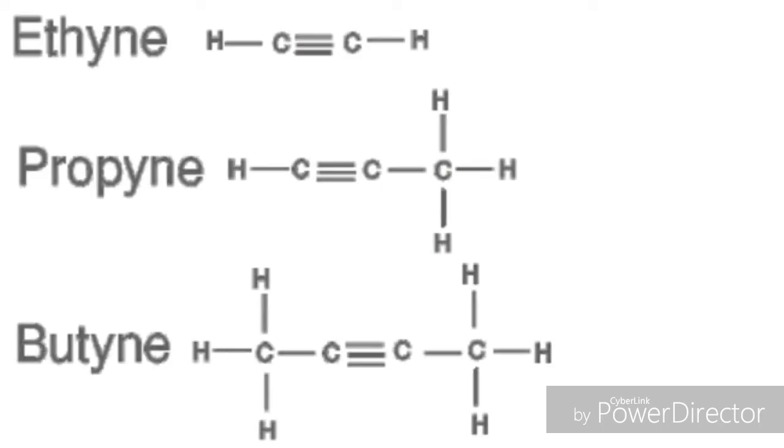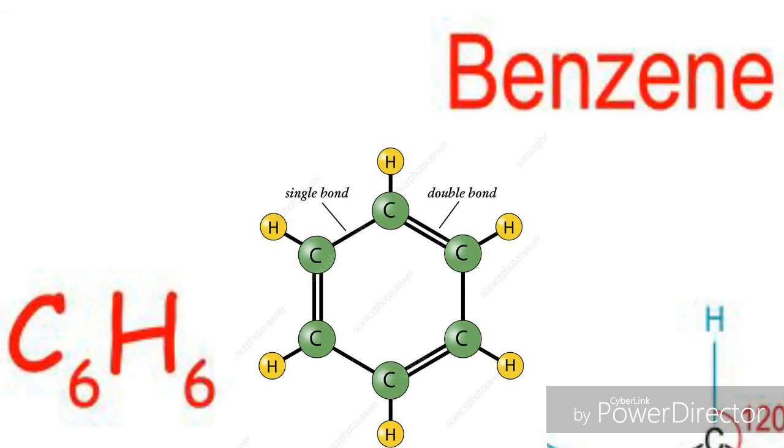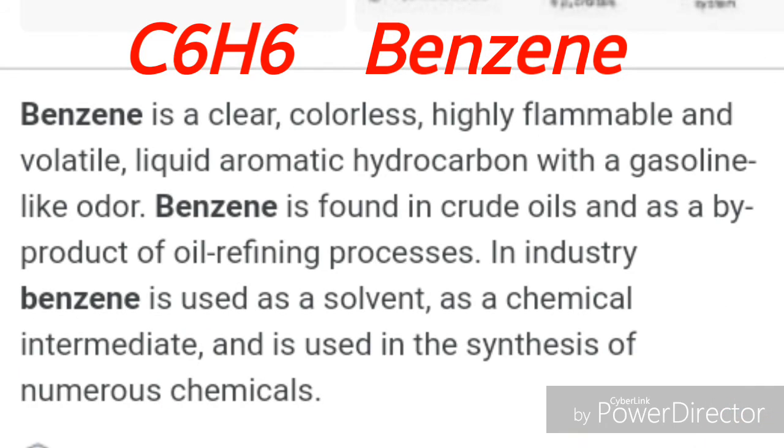Now let us learn about cyclic aromatic hydrocarbon benzene, C6H6. Benzene is a clear, colorless, highly flammable, and volatile liquid aromatic hydrocarbon with a gasoline like odor. Benzene is found in crude oils and as a byproduct of oil refining processes.